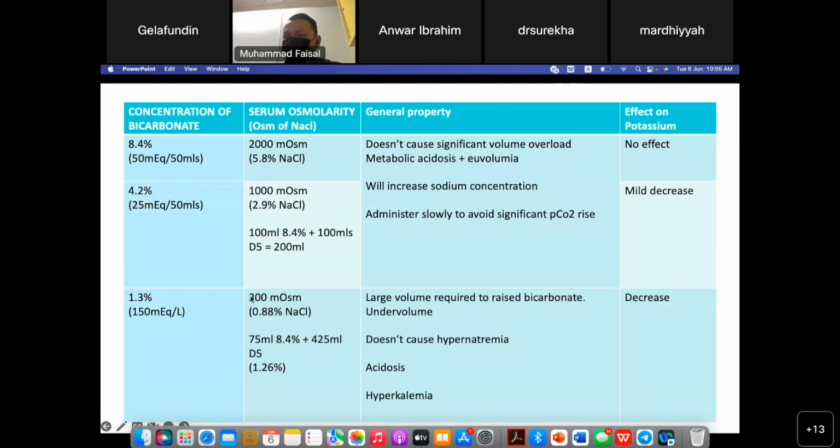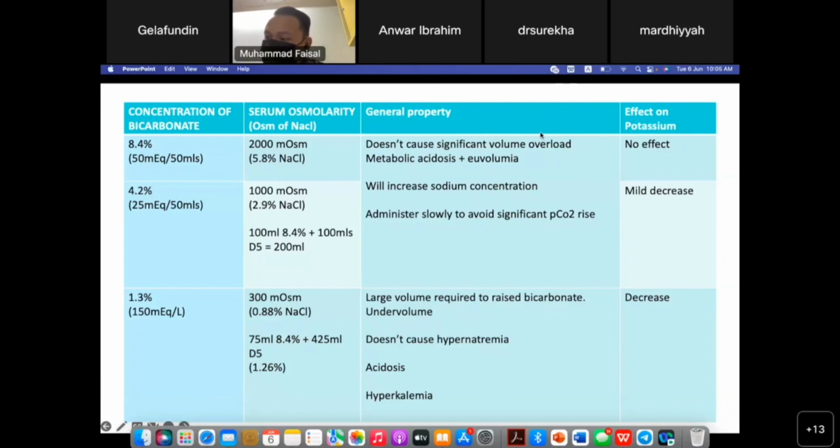Okay, so basically this is like the general property of these two. The 8.4 and 4.2 are very concentrated, so there's a small volume but high concentration of sodium bicarb. So you can use it in patients who are euvolemic or hypervolemic with metabolic acidosis, because it doesn't cause significant volume overload because of the smaller amount.